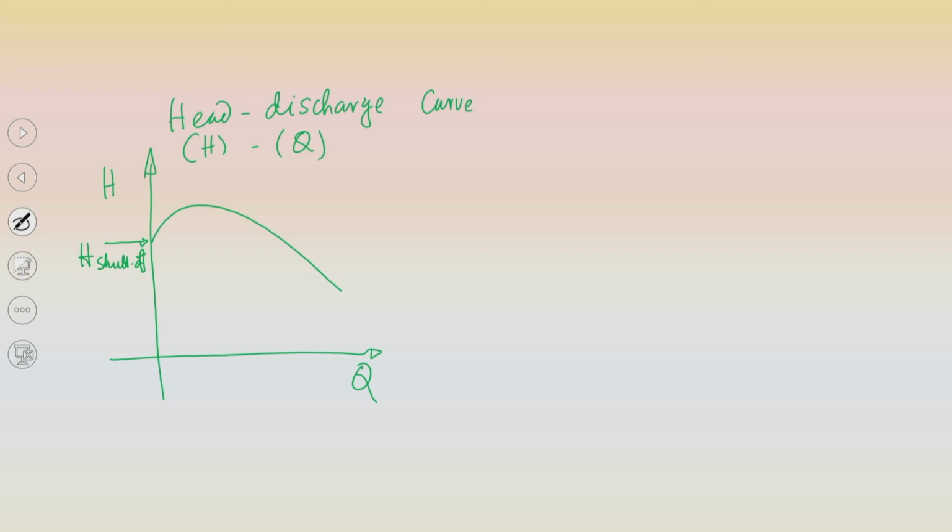Okay. And then say we have a pump, a radial flow pump, which is used to supply water from a tank to another tank which is situated at a certain height distance.